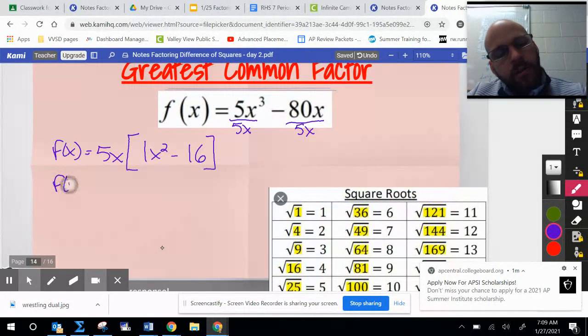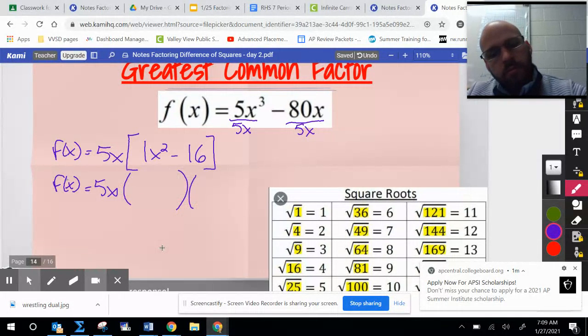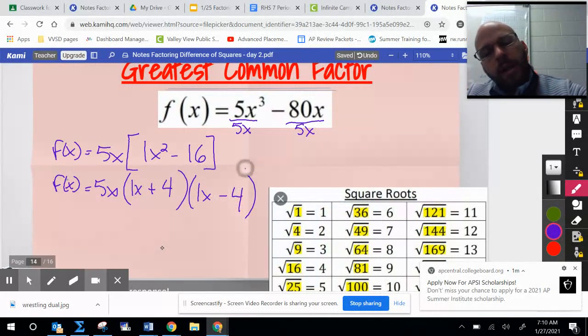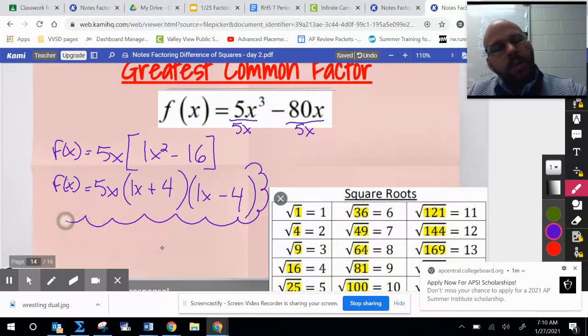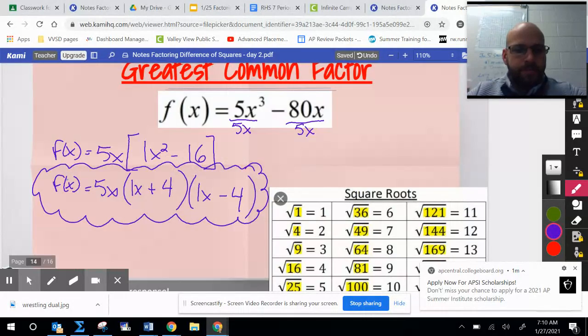So now, if I do my difference of squares, if you notice, both of these are perfect squares. The square root of 1 is still 1. The square root of 16 is 4, so plus 4 minus 4. And ladies and gentlemen, there is my difference of squares.